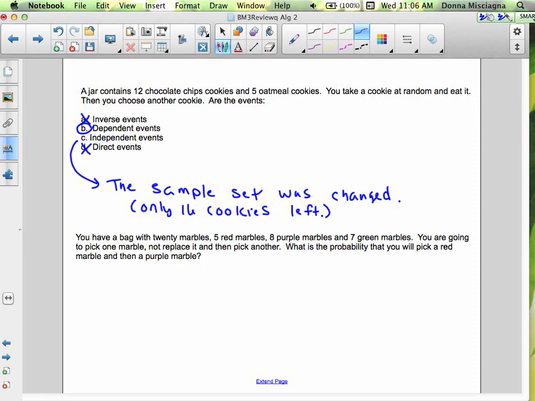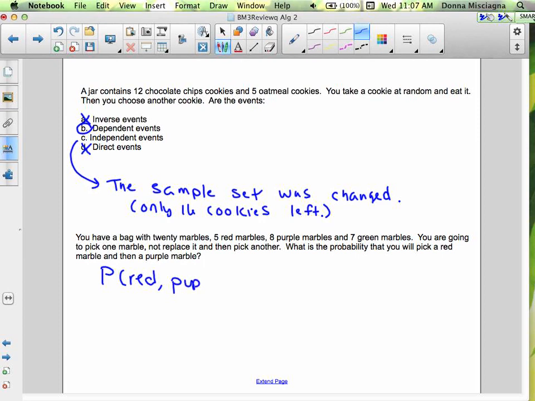You have a bag with 20 marbles: 5 red marbles, 8 purple marbles, and 7 green marbles. You're going to pick one marble, not replace it, and then pick another. What's the probability you will pick a red marble and then a purple marble? So this is the probability of red and then purple.